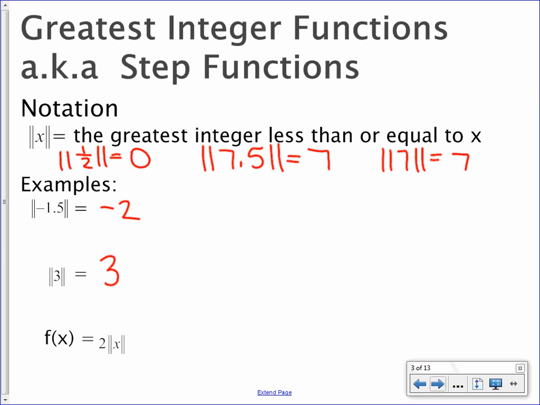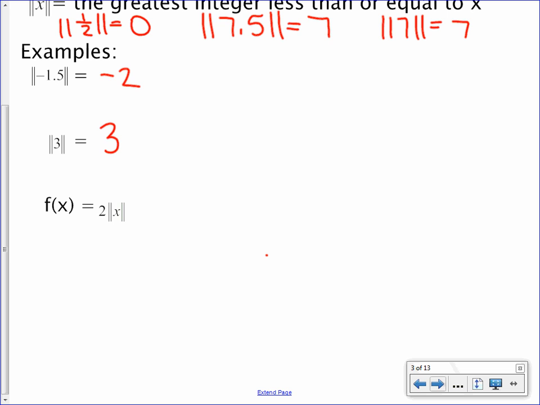Now, when you plug in to a function that has the greatest integer in it, please evaluate that before moving on. For example, if I ask you to evaluate this f of 3/2, that means I'm going to plug 3/2 into here.